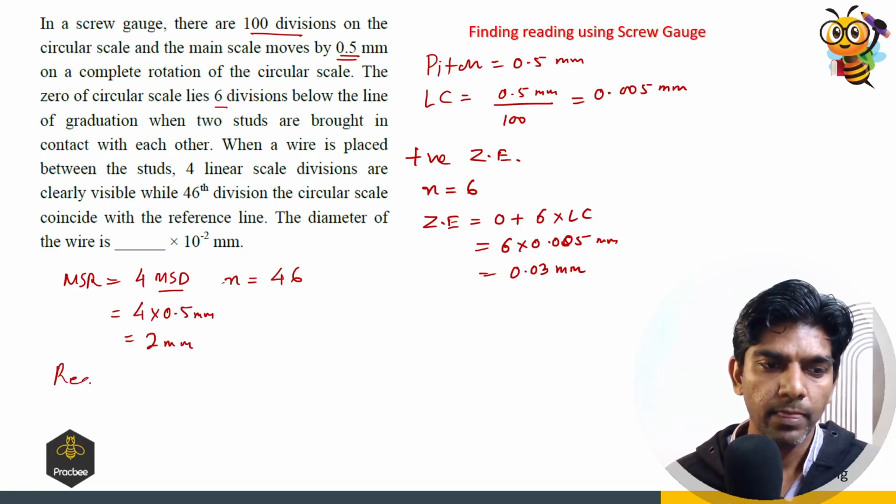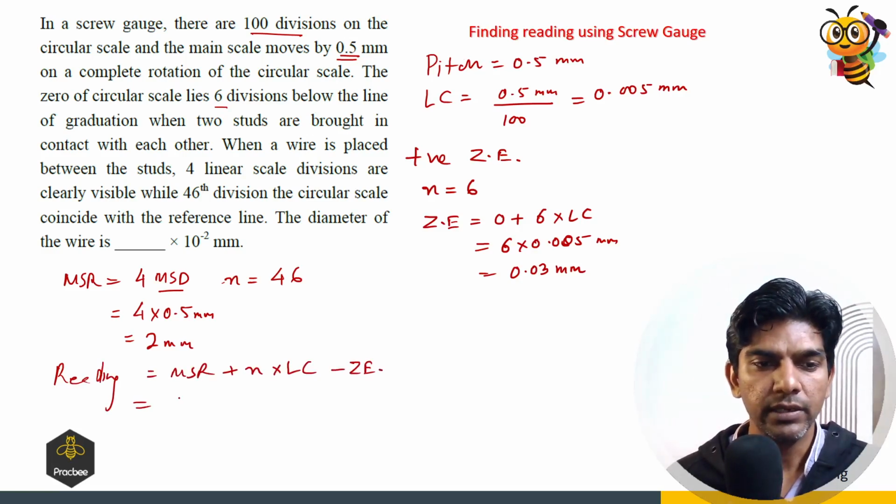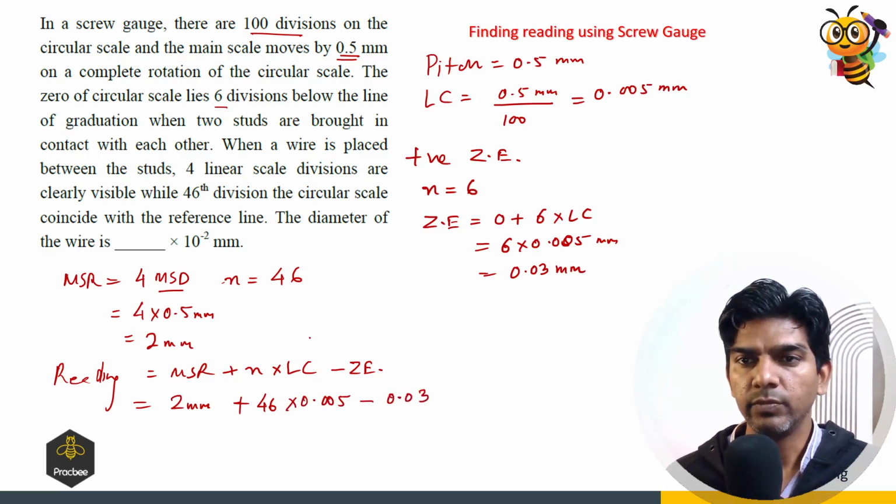So reading will be main scale reading plus n times the least count minus 0 error. So main scale reading is 2 millimeter, n is 46, least count is 0.005, minus 0 error is 0.03. So everything is in millimeters.